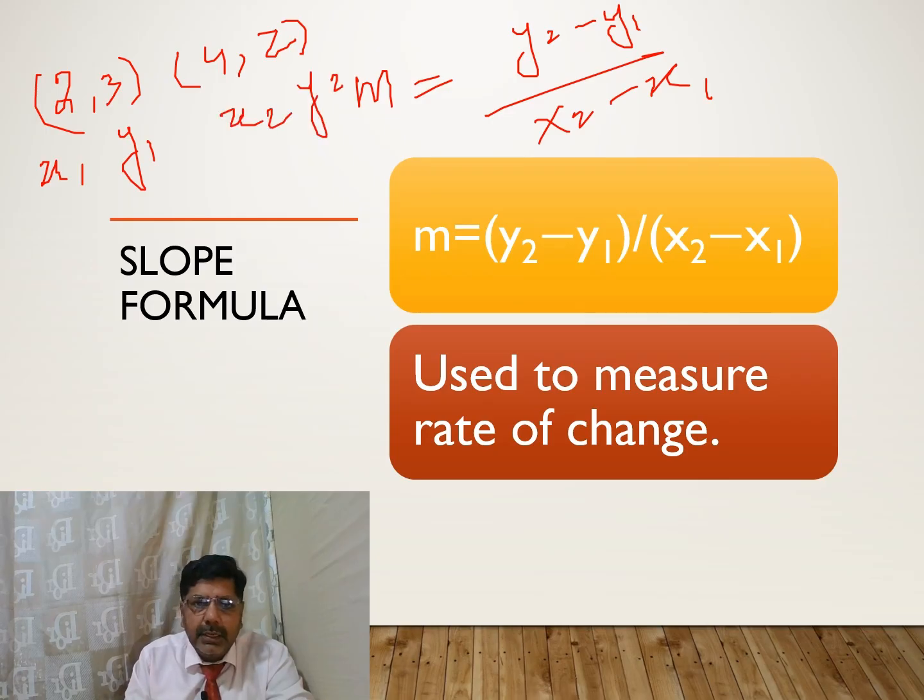By putting the values here, we can get the slope of the line, or use it to measure the rate of change, from the initial point to the extreme point. So in between there, what was the rate of change, we can measure with the help of this formula, called the slope formula or line slope formula.